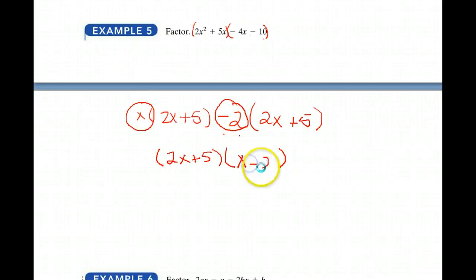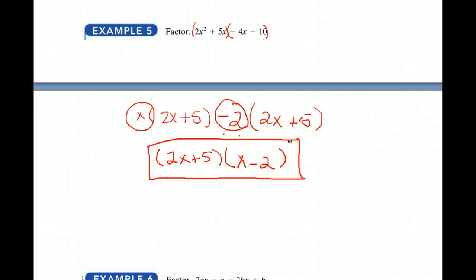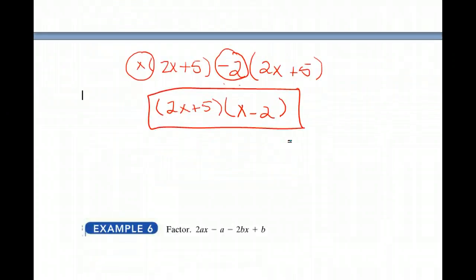So the second group is x minus 2. Always check to make sure that you have no other factors that can be factored out of either quantity. We do not, so our answer is complete.